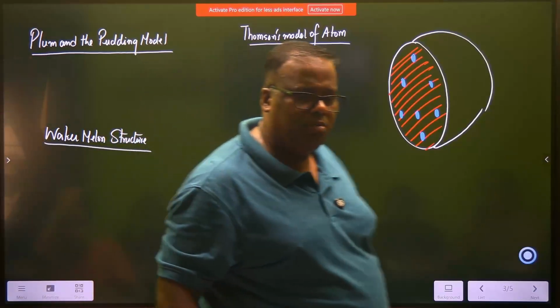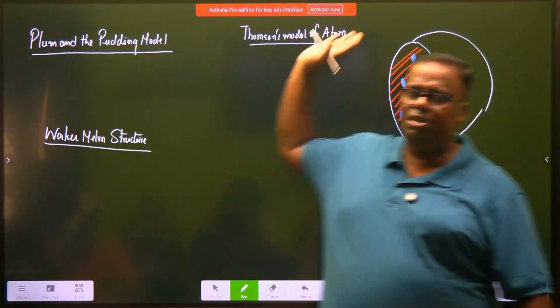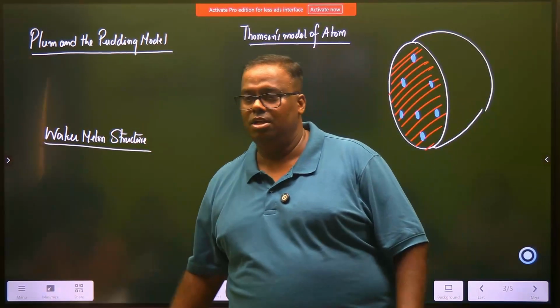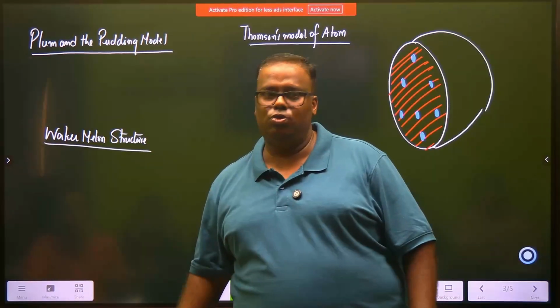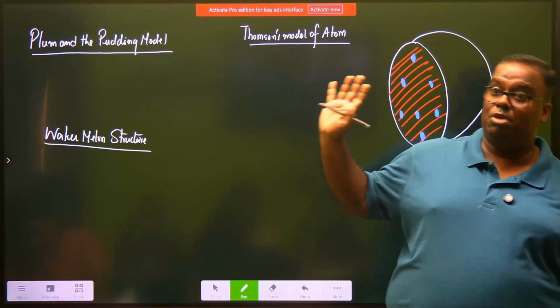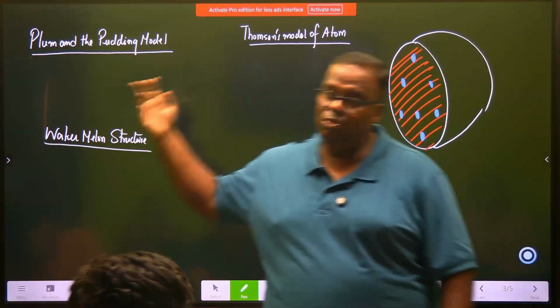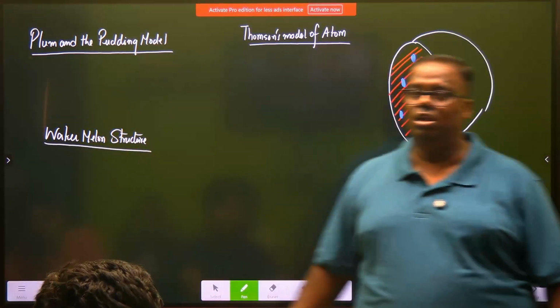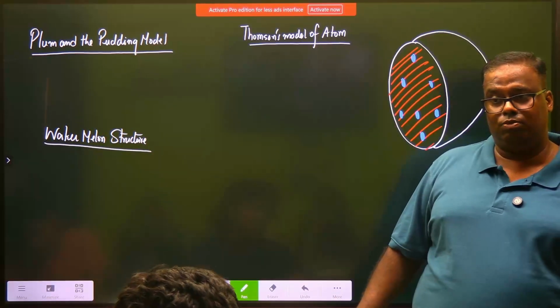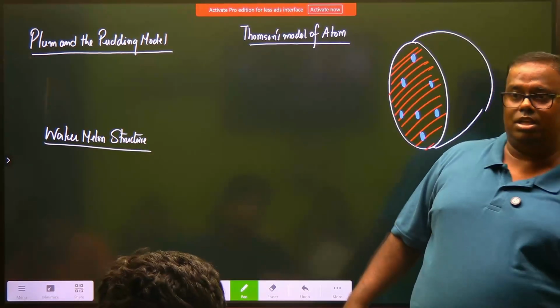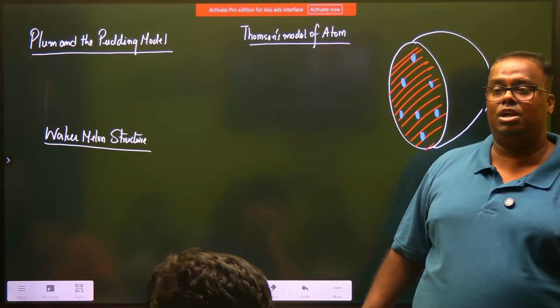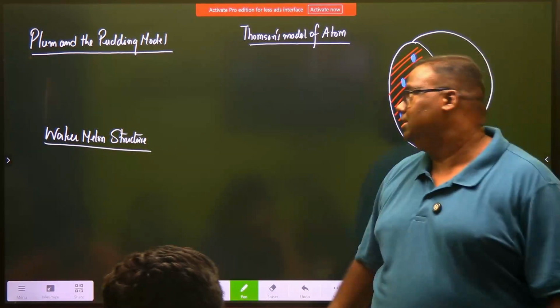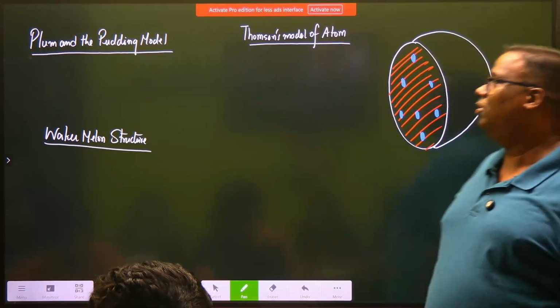First, Thomson will give a model of the atom. This model will be thrown into the dustbin by Rutherford's model. Rutherford's model will be thrown into the dustbin by Bohr's model. Bohr's model will be thrown into the dustbin by Schrodinger's model, the quantum model that we still study, though many things are still not known to us. Is this understood? Now, what is Thomson's model?